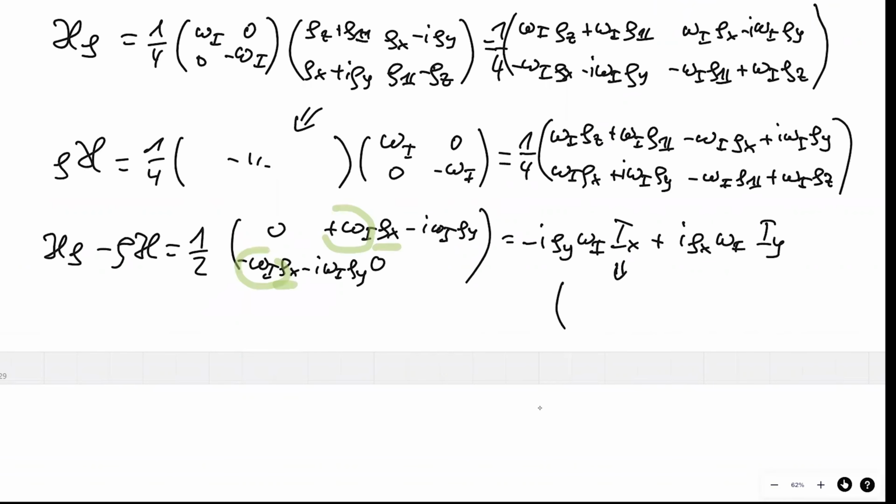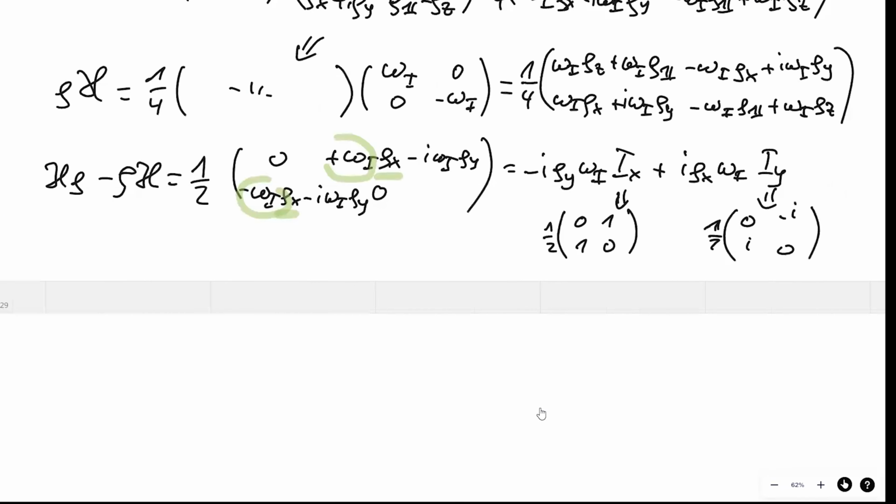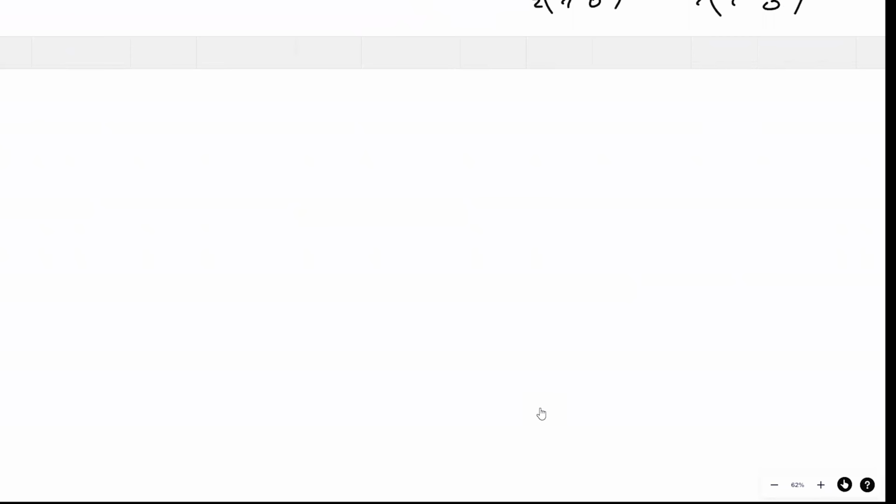Ix is 0, 1, 1, 0 times 1/2, and Iy is 1/2 times 0, minus I. So we have these two operators, and so now when we look at this, we can write the Liouville superoperator equations.